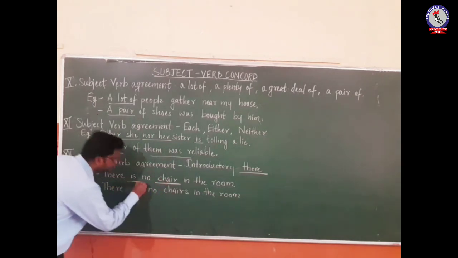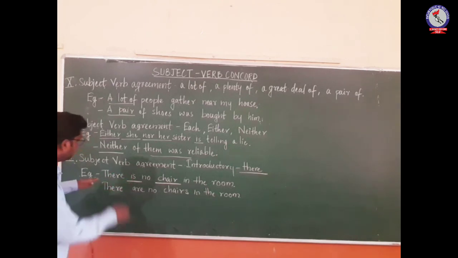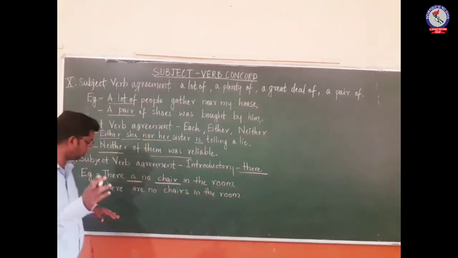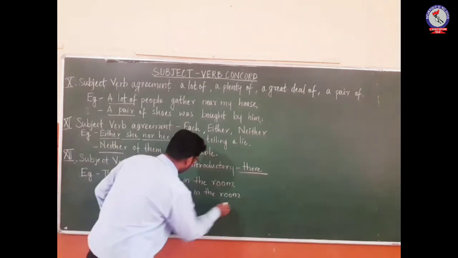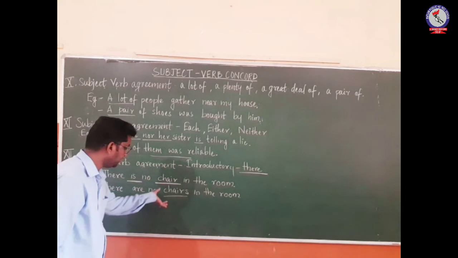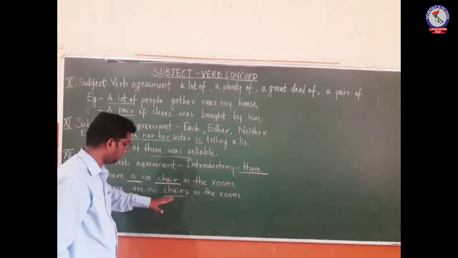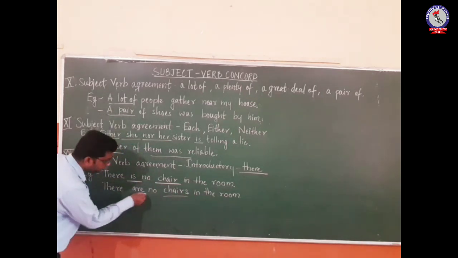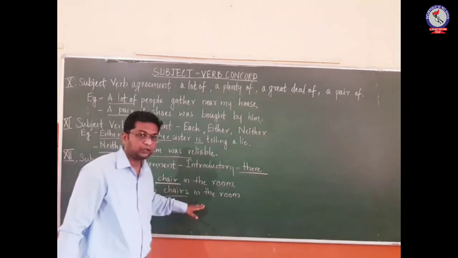Therefore, we have used the singular verb. So, there is no chair in the room. Now, condition number 2, there are no chairs in the room. You see here the difference. Here is a singular form. Here is a plural form. Now, chairs is used. It represents the plural form. So, that is why we have used are. There are no chairs in the room.